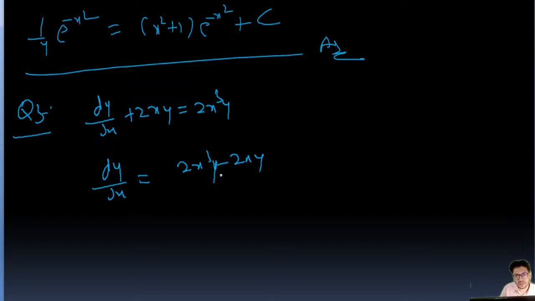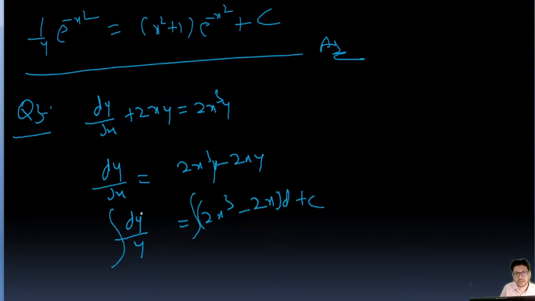Then we can take y here, so dy over y equals (2x cube minus 2x) dx, integration plus constant. Just y we have taken this side, x this side. Now we can integrate it. So ln y is going to be 2 x to the power 4 upon 4 minus 2x square upon 2 plus c.